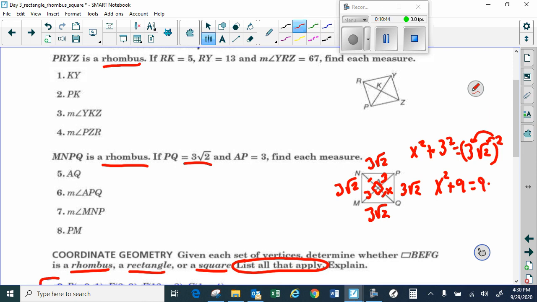That gives me 9 times 2. So now I have x squared equals 18 minus 9, which is 9. And so x equals 3. Now technically it would be plus or minus 3, right? But you obviously can't have a negative length, so you blow off the negative answer. And so x is also 3. So AQ is 3. Now when we get to special right triangles, and you learn those well, then you'll learn how to get a shortcut to know that this answer was 3. But until then, you have to use the Pythagorean theorem.